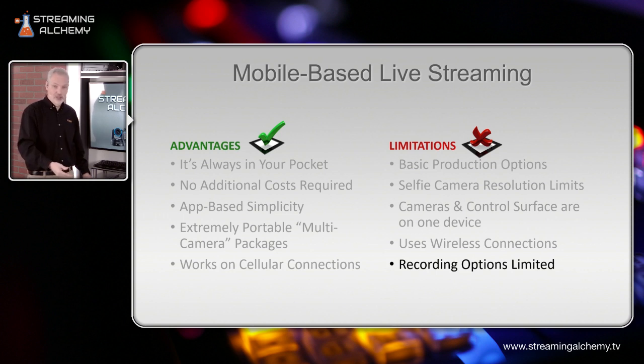So if somewhere along the line you do have problems with your wireless link, that is reflected in the recording that's made at the head end. That's what's typically called the CDN, the person who distributes the video out to the end destination for your viewers. So again, something to keep in mind. If you're looking to reuse this video, understand that in the mobile space, you might have limitations there with the quality that you'd get after the stream.